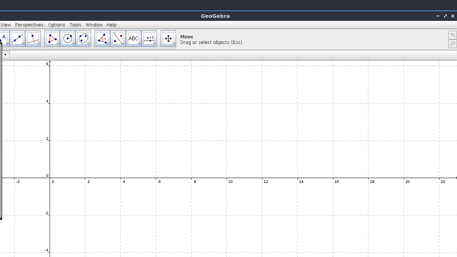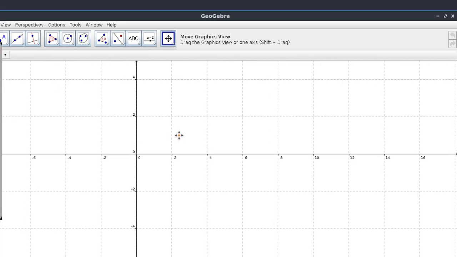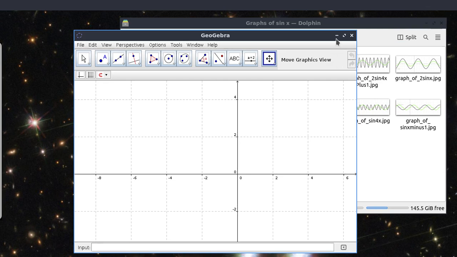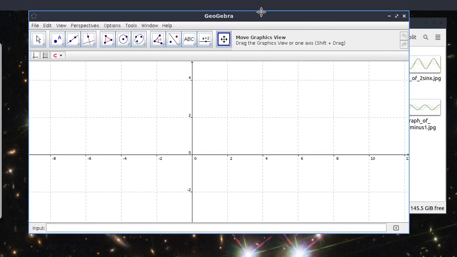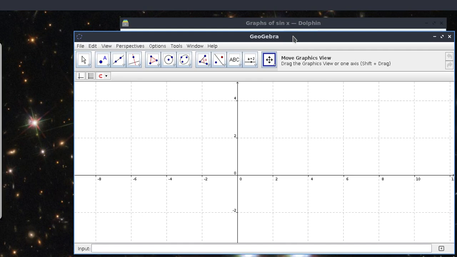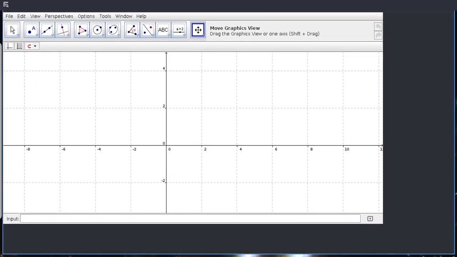I have the graph plotter, GeoGebra, here. I want to look at the graph of, first of all, let me extend the diagram so we can see all of GeoGebra here.